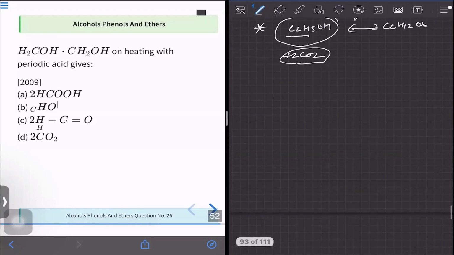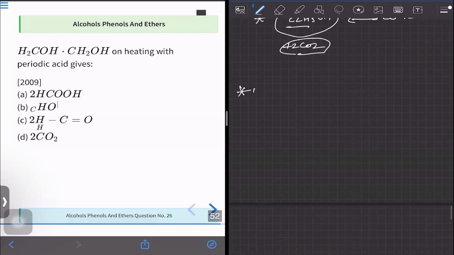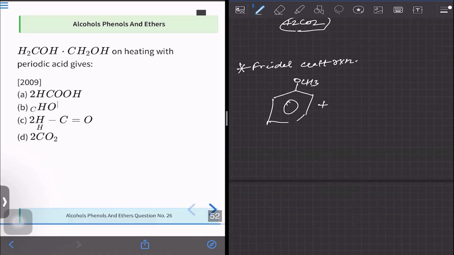Next includes the Friedel-Crafts reaction. What is the Friedel-Crafts reaction? See, whenever toluene or OCH3, methoxy, or any such group is present, in the presence of AlCl3 and CH3Cl, this is the Friedel-Crafts reagent.